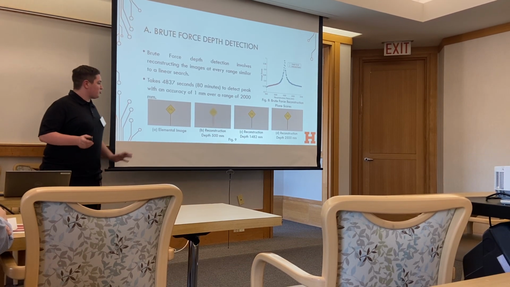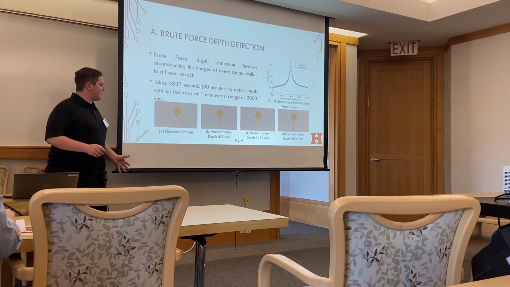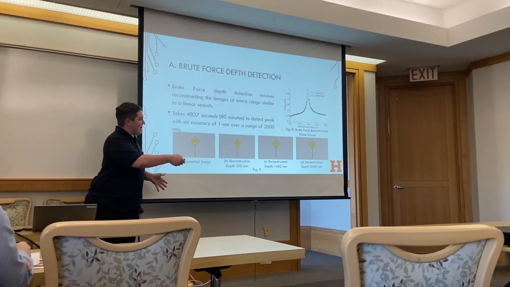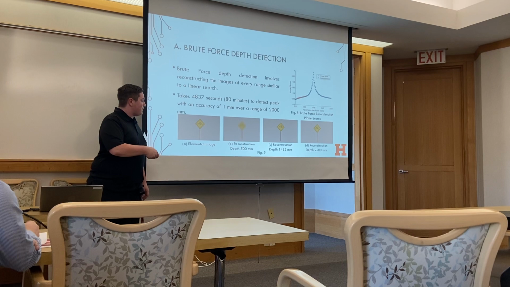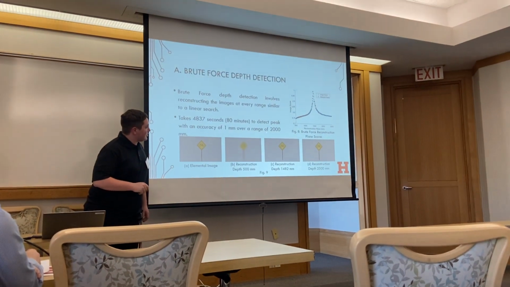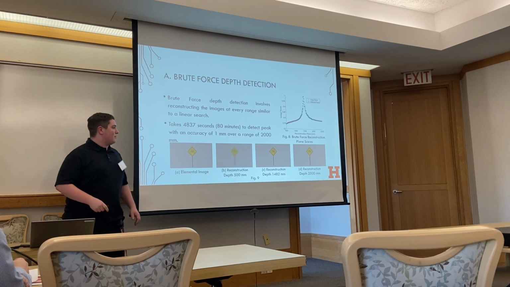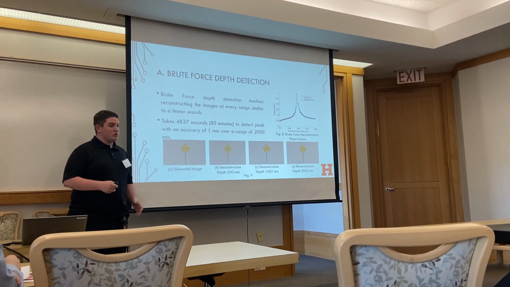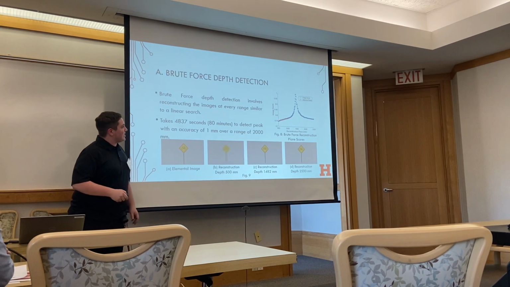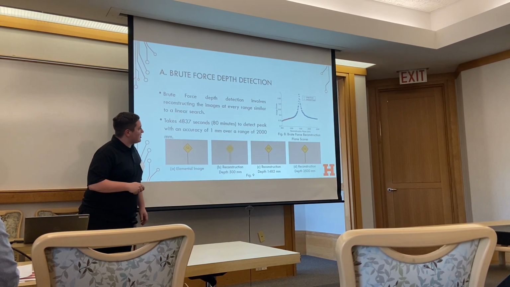Then we can put it into our reconstruction method. I've reconstructed it at every depth. Here we have 500 millimeters, and right here it's very blurry, and this represents the very start of our graph. Then at 1482, that is where it's the clearest possible image, so that's going to be the peak of our graph right in the center there.